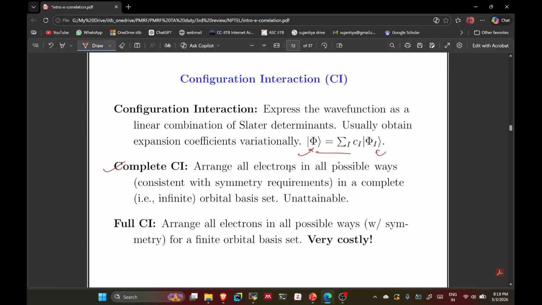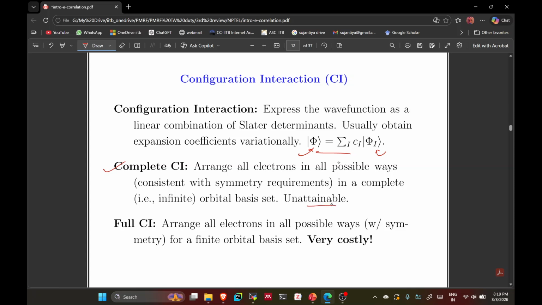So what is complete CI? Arrange all electrons in all possible ways consistent with symmetry requirements. We have already discussed the symmetry requirements: spatial symmetry, S squared symmetry, and Sz symmetry, in a complete orbital basis set. And this is unattainable.